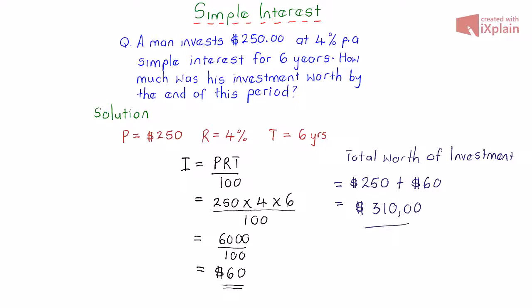So this is the total worth of his investment. So for the total worth of investment, we are saying we are adding the amount that he invested plus the interest that has been added to his invested amount, and that will give us the total worth of his investment by the end of the period.